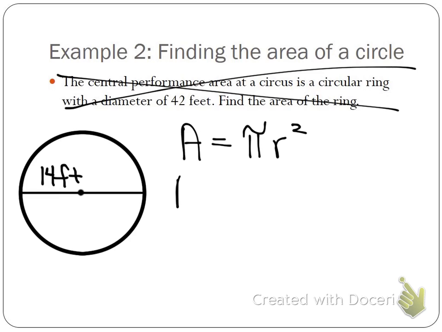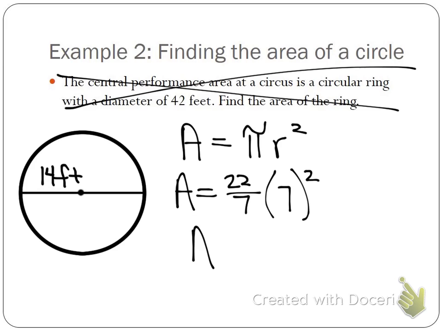All right, so A equals pi r squared. I used the fraction because my radius is divisible by 7. But wait, hold on. I thought the value was 14. Why did I plug in a 7? Because 14 is the diameter. I have to plug in the radius.